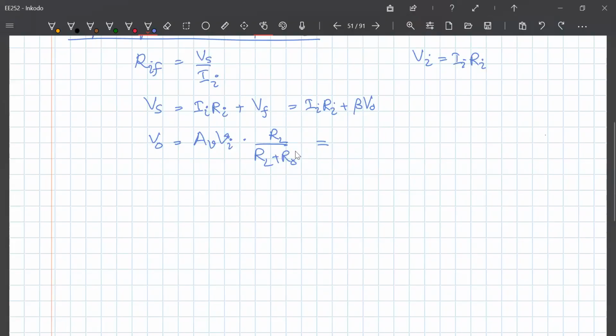So therefore, I can write this as Av times RL over RL plus R out times Av times this quantity times Vi. Vi is Ii, sorry, Ii Ri.